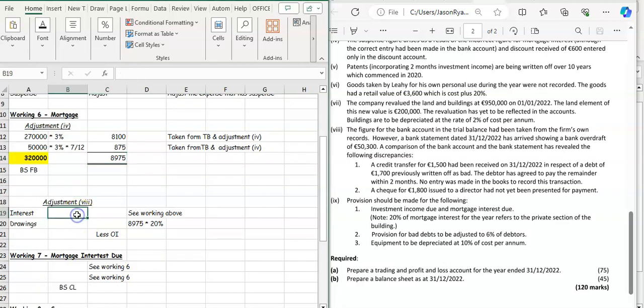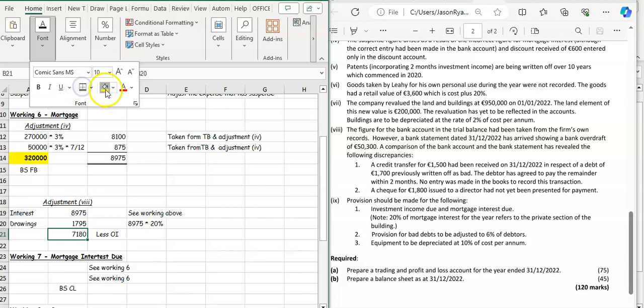So my interest for the year is 8,950. Of that 20% then, I'm going to multiply that by 20%. So my mortgage interest is the difference between the two. So that's 7,180. That's going to go into my mortgage interest in the profit and loss account, taken away from my operating income.